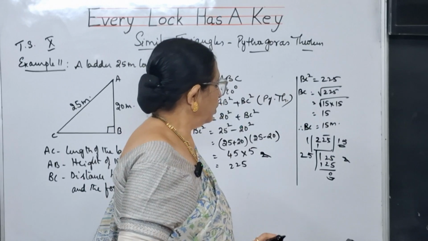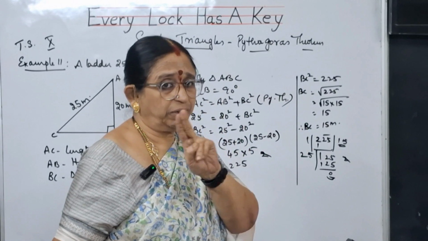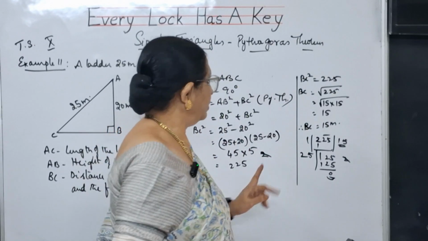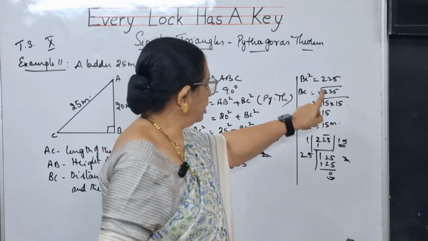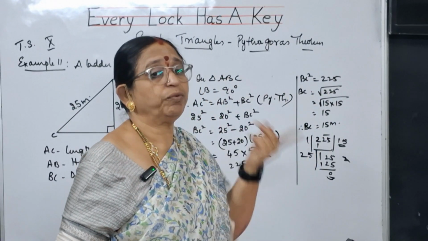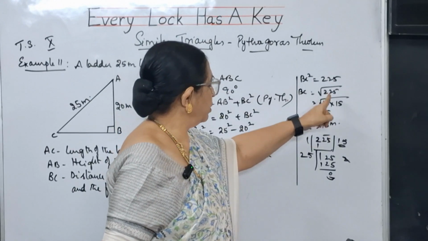Otherwise also you know, for a two-digit number with 5 in the units place, 25 means 5 fives, and 2 means 1 into 2.